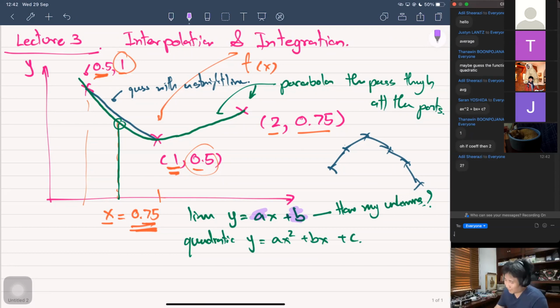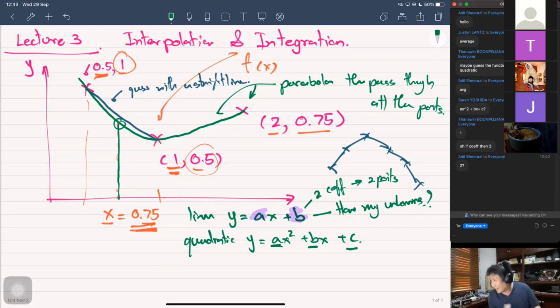This is a very important point, which means there are 2 coefficients, or 2 unknowns. You only need 2 points to solve for it, right? By definition, two unknowns, you only need 2 equations. But for quadratic, you have 3 unknowns, A, B, and C. So how many equations would you need to solve exactly for A, B, and C?